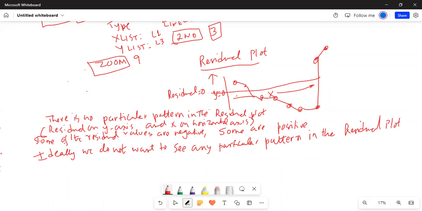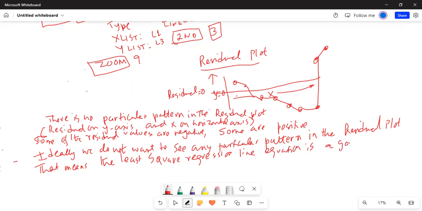That means the least square regression line equation is a good fit for the given data.